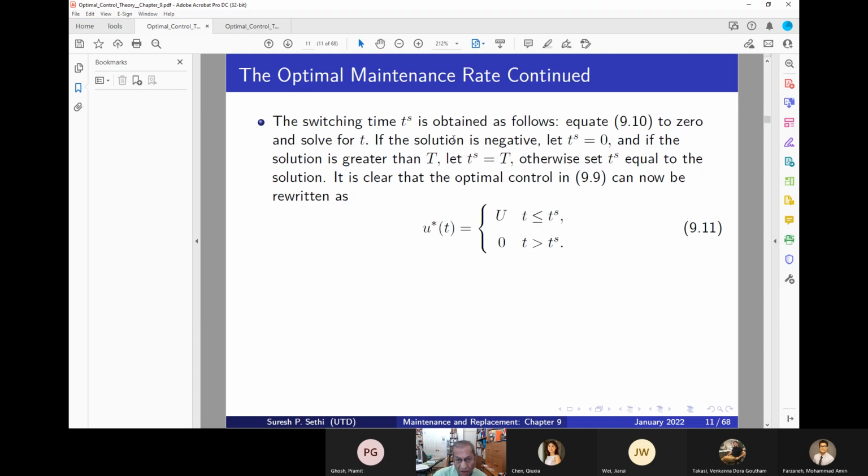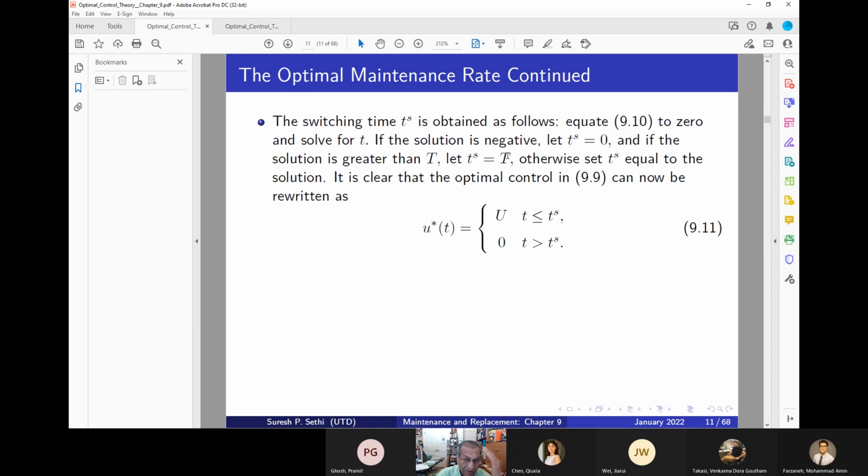This was Thompson's big contribution here. He not only wanted to maintain the machine properly, and there are a lot of models in the literature that treat maintenance and investment in machines using control theory or otherwise. And there are a lot of models that replace the machine without doing maintenance.